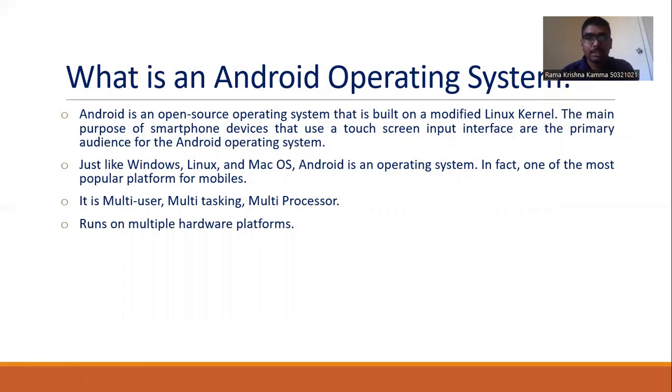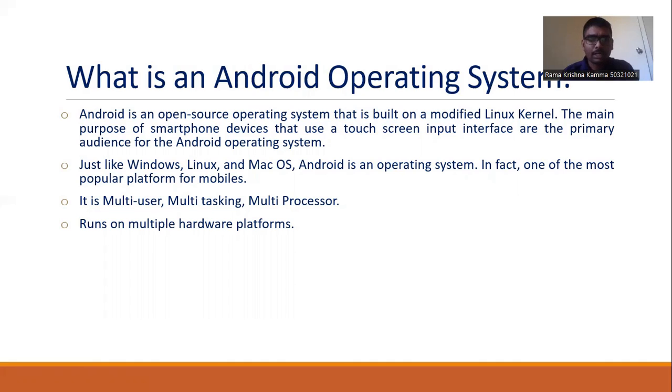These two things make Android the most suitable operating system for mobile systems. Just like Windows, Linux, and Mac OS, Android is an operating system, and in fact one of the popular platforms for mobile systems. It is a multi-user, multitasking, multi-processor operating system that runs on multiple hardware platforms. That is one of the reasons to use the Android operating system.